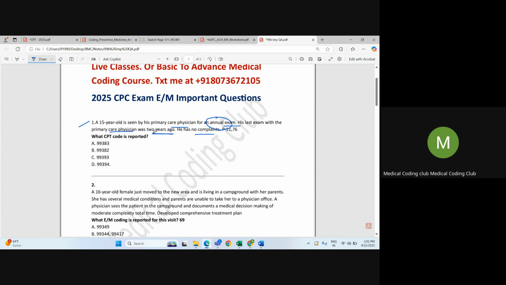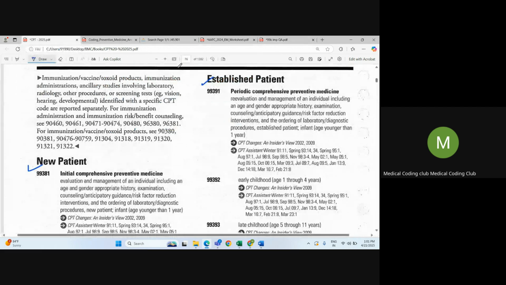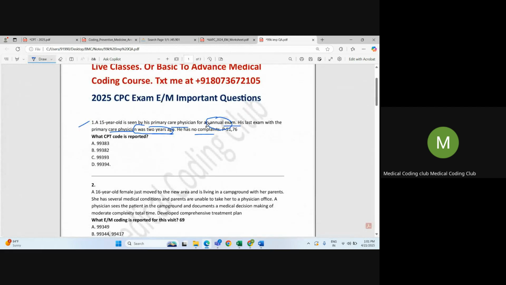So by seeing this statement, you should decide whether this patient is new or established. Since they have documented 2 years ago, this patient belongs to established. Many will think this patient is new, but let me show you with the resource. We'll see the new and established patient eligibility criteria, and then we'll discuss the question.